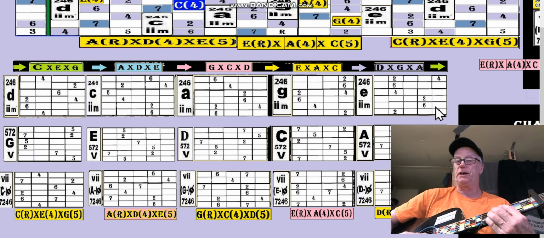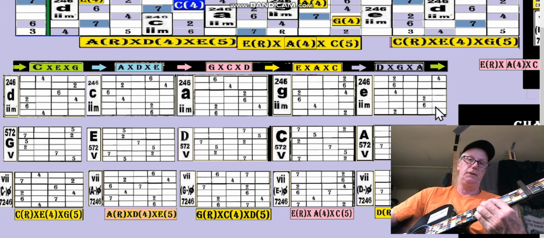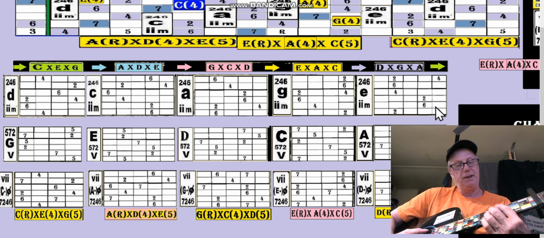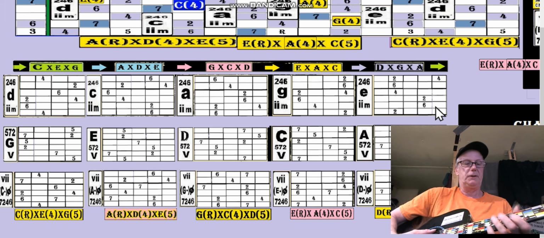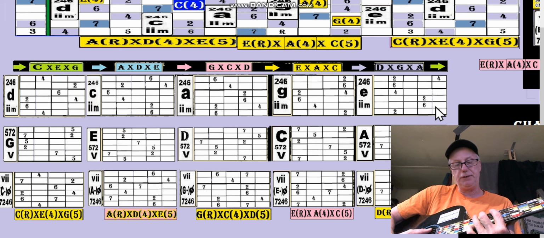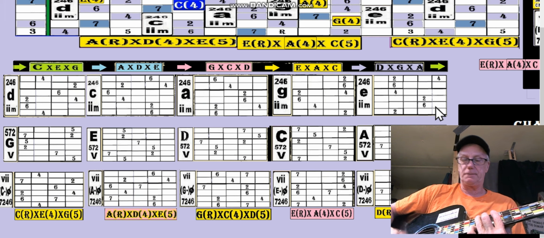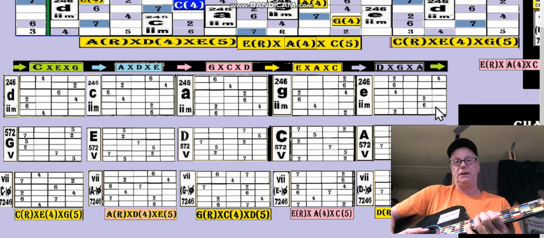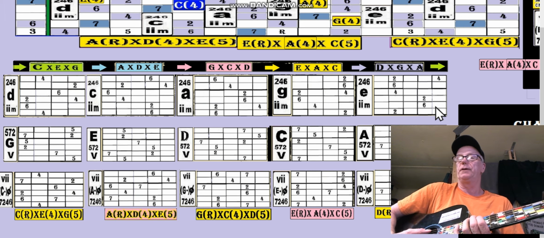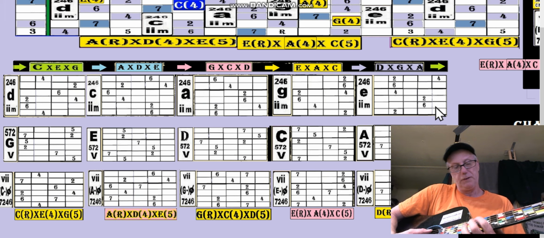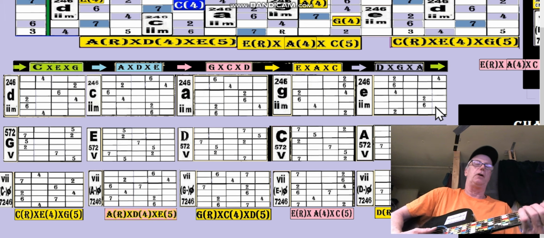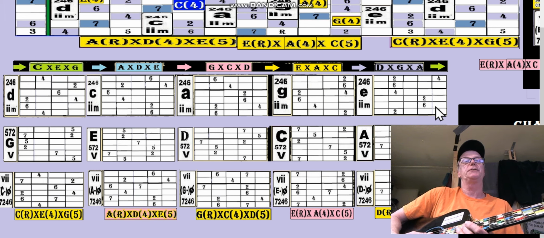The pentatonic scale for the A-shaped C starts on a 5 and a 6. The pentatonic scale for the G-shaped C starts on 6 and the root. The pentatonic scale for the D-shaped C starts on the root and the 2. So they are essentially inversions of pentatonic scales.